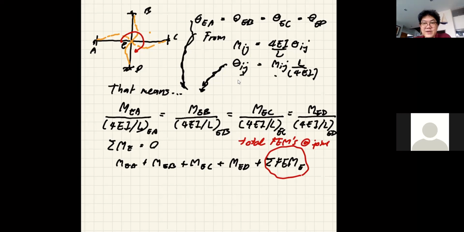I got more than one question from you saying, can I use this formula and that formula to combine, to calculate fixed end moment? I believe I have shown you in class how I can calculate reactions from each load and then combine in the end. If I can do that with the reaction, I should be able to do that with the moment as well. So anyway, this better be 0.